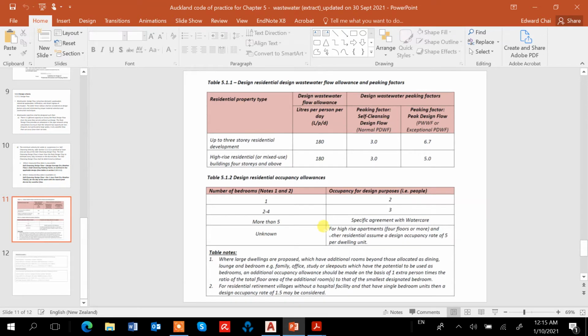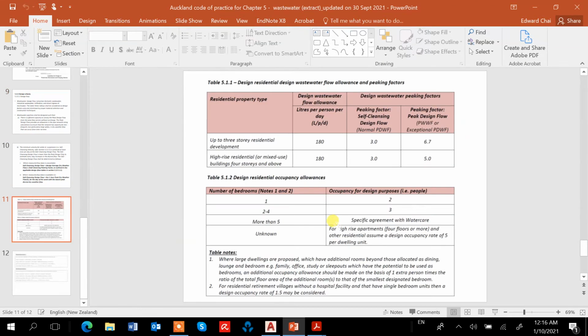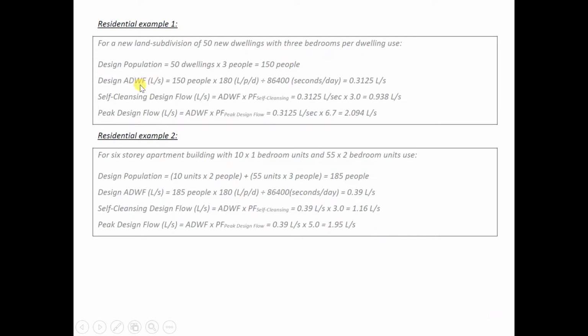And then for the average dry weather flow, the design average daily average dry weather flow for this example is 150% multiplied by 180 liters per person per day.